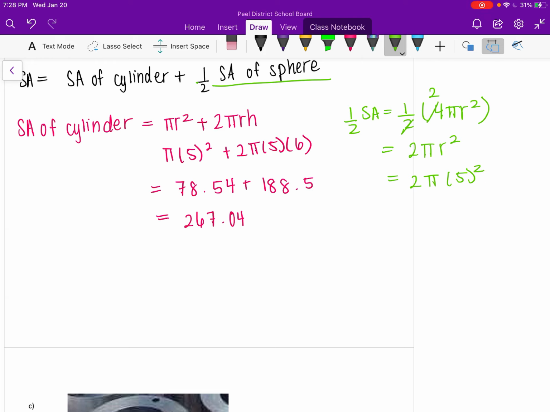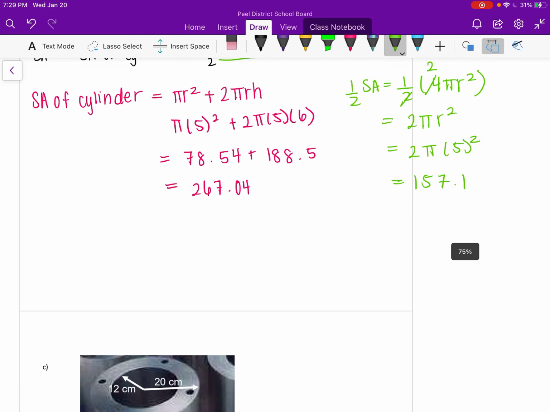To me, it just makes sense to cross them out. So I'm left with 25 times 2 times pi, so I'm left with 50 pi, which is equal to 157.1.